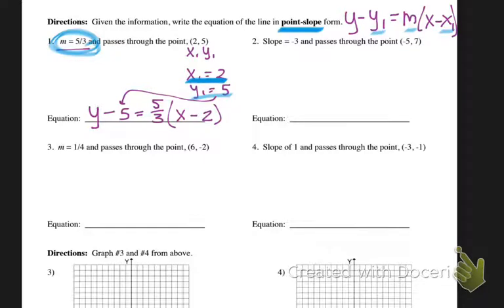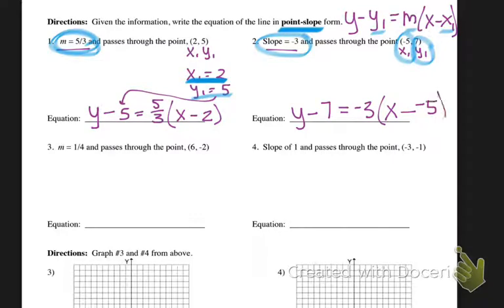Number 2, your slope is negative 3, and your point, we're going to label x1, y1. So we have y minus y1, which is 7, equals our slope, which is negative 3, parentheses x minus your x1, which is negative 5.